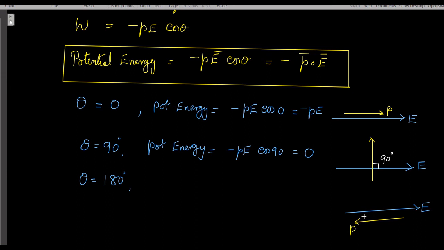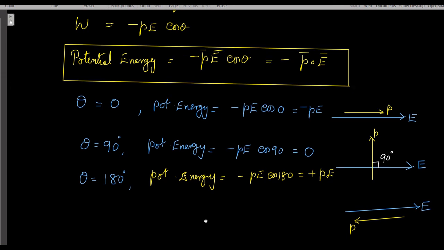This is P, this is E. In such case, potential energy of the dipole is equal to minus PE cos 180. Cos 180 is minus 1, hence minus 1 into minus PE must be plus PE. You can see when theta equal to 180 degree, potential energy is maximum.